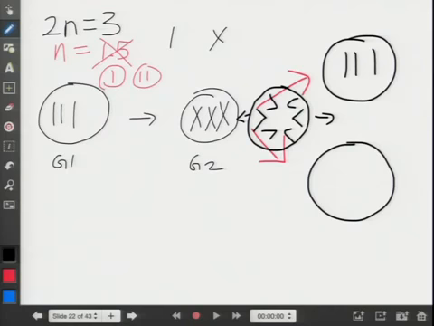And what we end up with is two cells that are 2n equals 3. So the odd number doesn't affect mitosis at all, because all we're doing is taking a single chromosome, replicating it, and pulling each apart. Doesn't matter if there's 4, 6, 5, 7, 9, 49, 42. For mitosis, it doesn't matter. Meiosis, it matters.